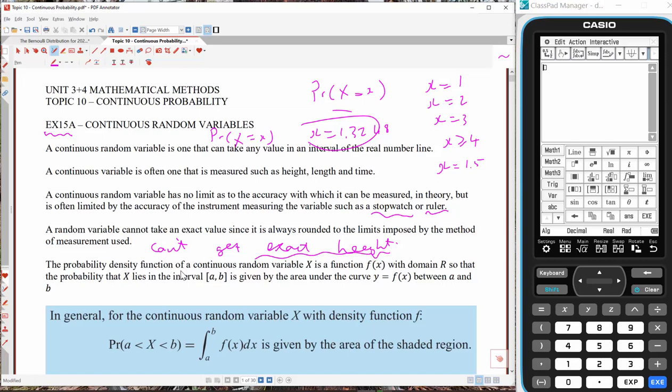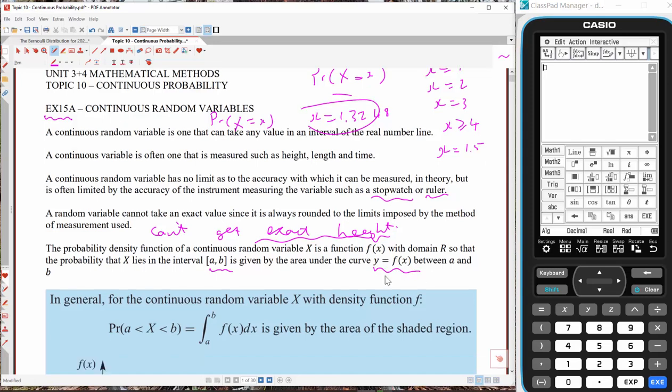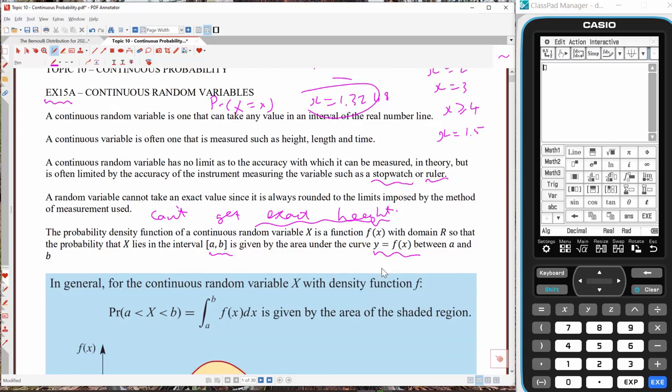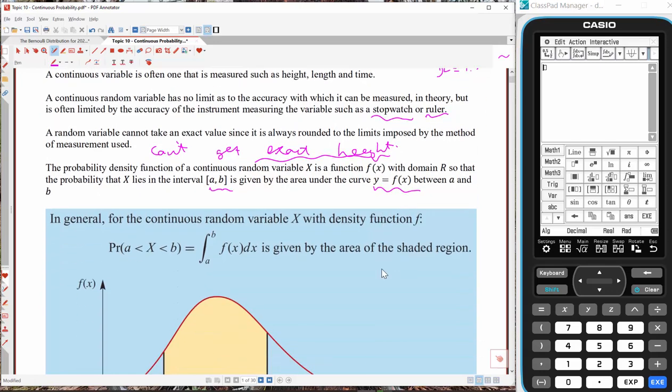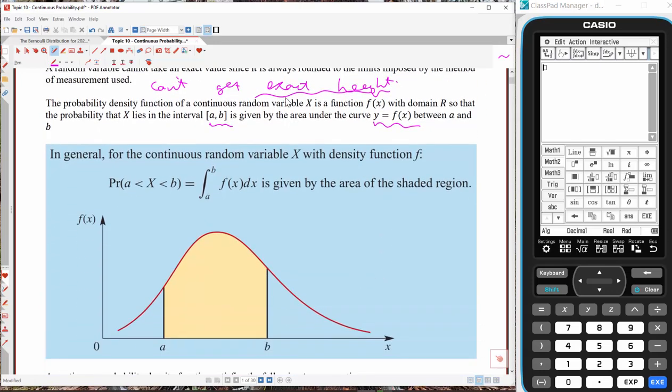So the probability density function of a continuous random variable x is a function, f of x, with a domain or set of all real numbers, so that the probability of x lying in the interval AB is given by the area under the curve. And amazingly, this is where the crossover between calculus and probability comes in. So this is what a probability density function might look like. This is an example of one, okay?